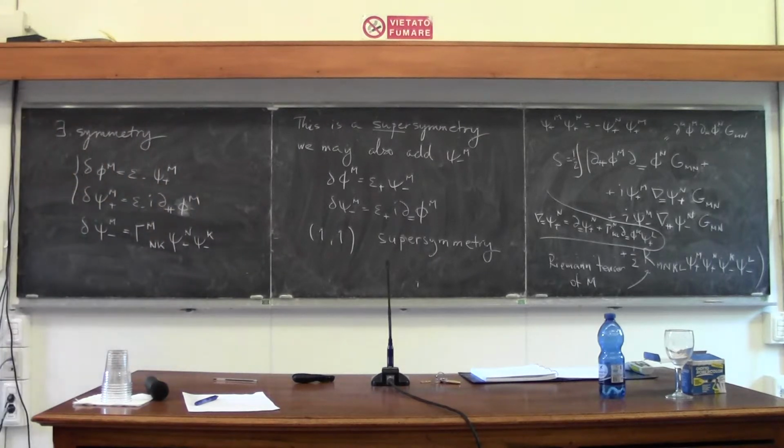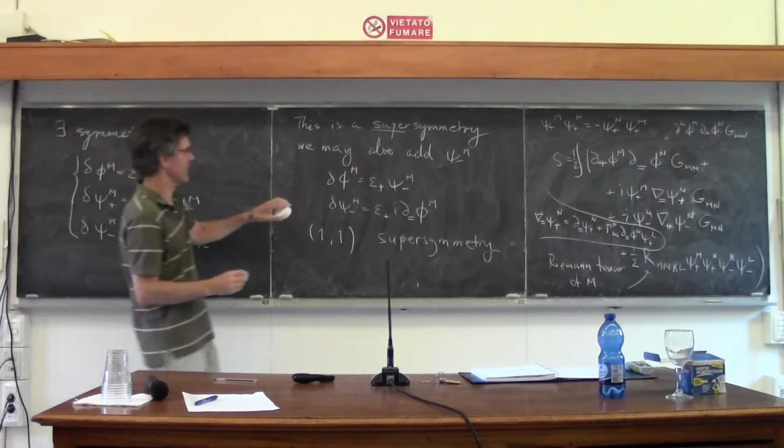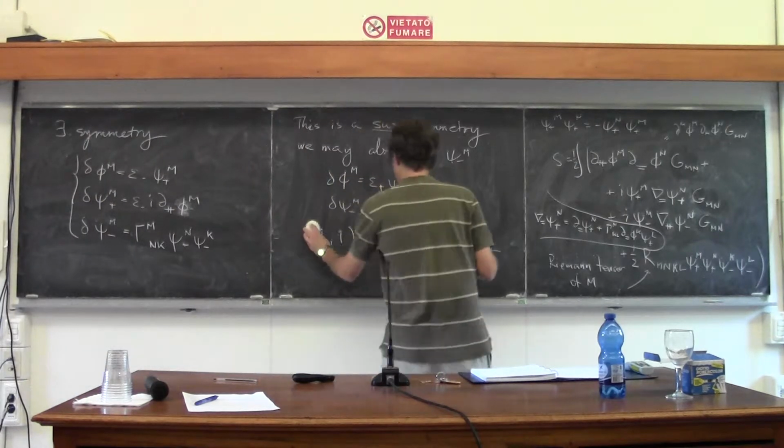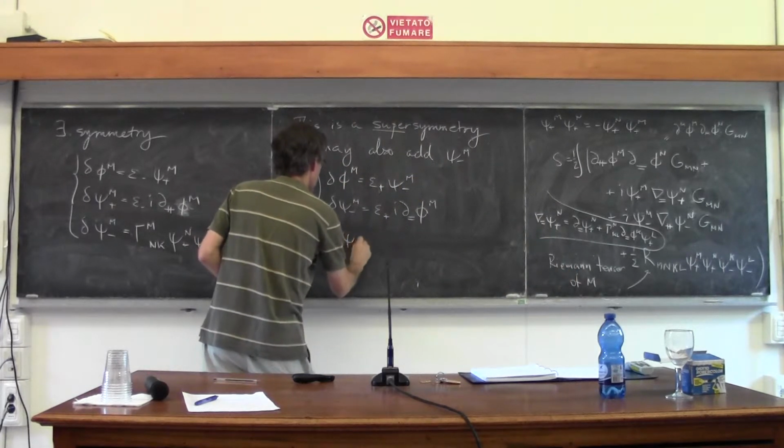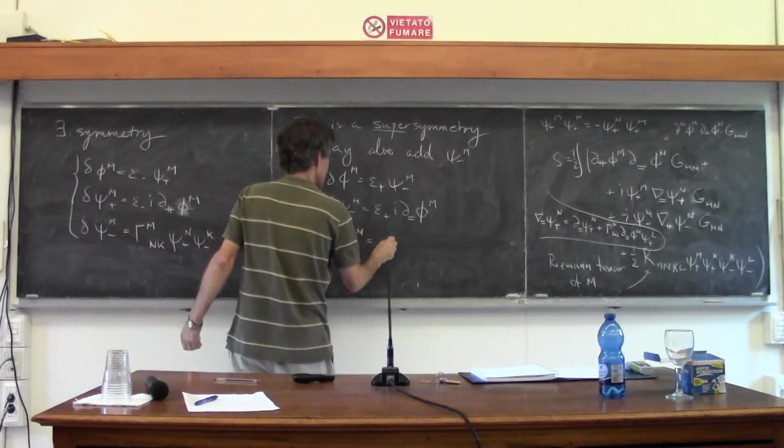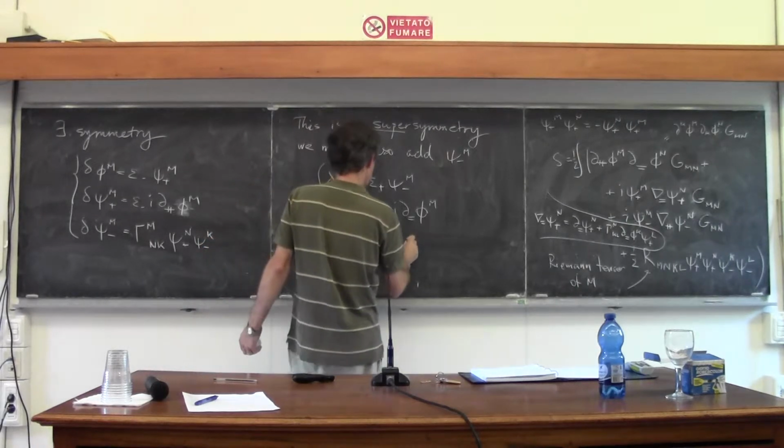So there is an additional term that we need to add, and then fixing things up in this way, supersymmetry survives even in the presence of the curvature.